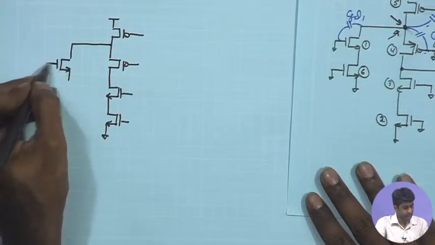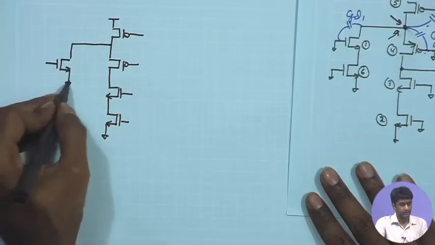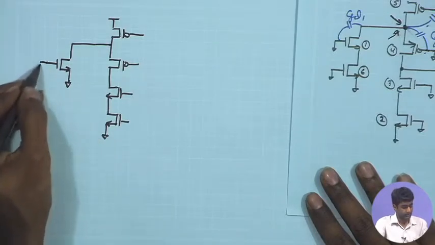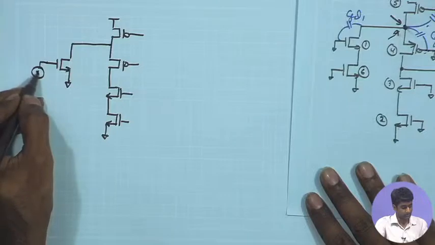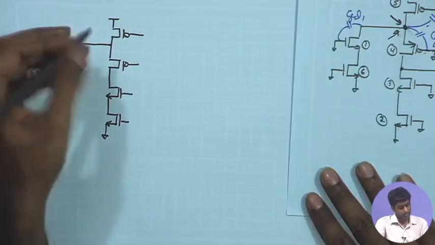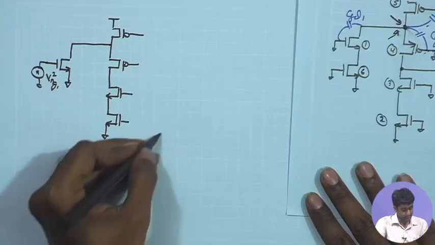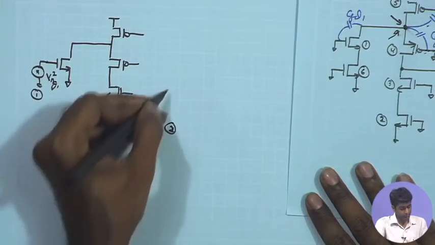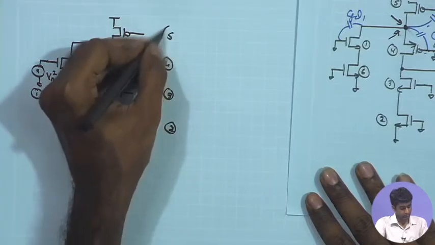For the differential half circuit, once again I am putting the source of the input pair to ground, and for the input pair once again I can have the VNG1 squared. Likewise, I can just number these. Let me call this 1, and this is your 2, 3, 4, 5.